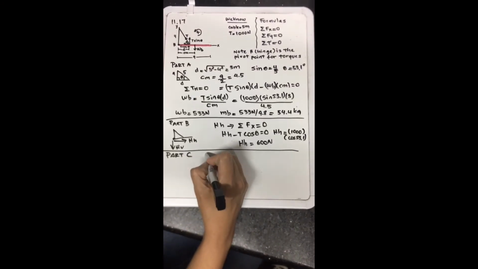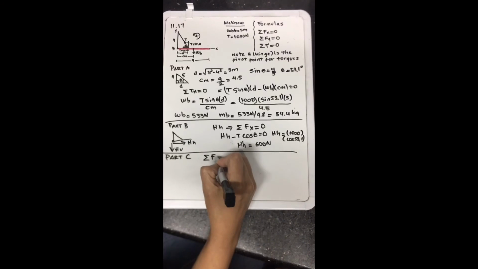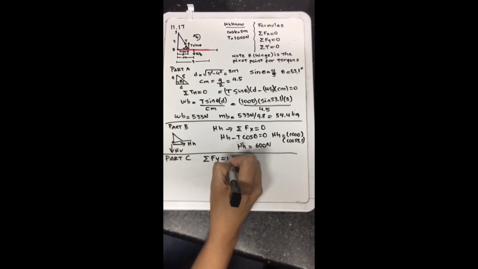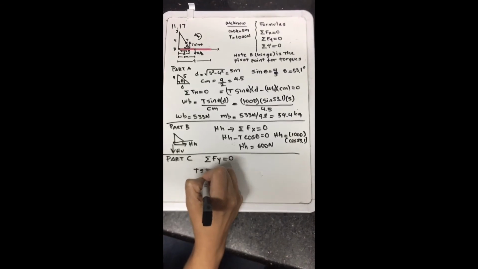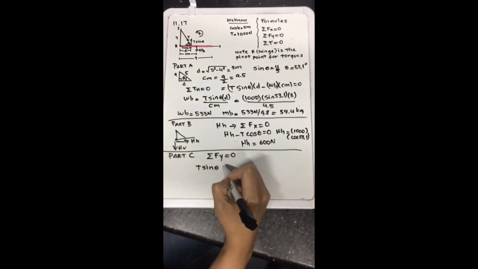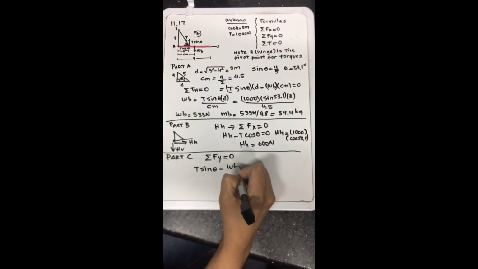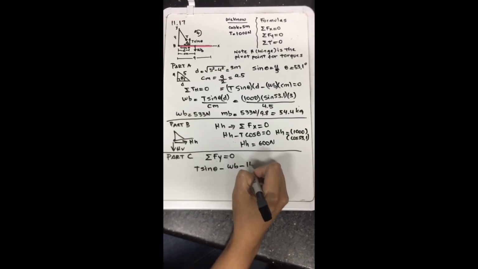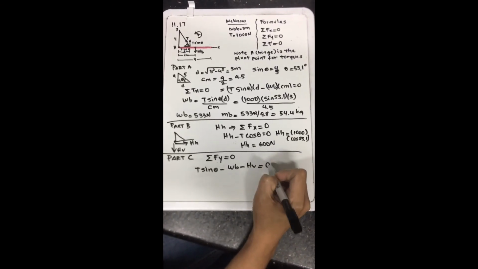For part C, we have been asked to find the vertical component of the force at H, and we are going to find it with this formula. We use the summation of forces in the y direction equal to 0, and the forces are T sine of theta, which is this force over here, minus the weight of the beam, minus the vertical component of the hinge, equal to 0.